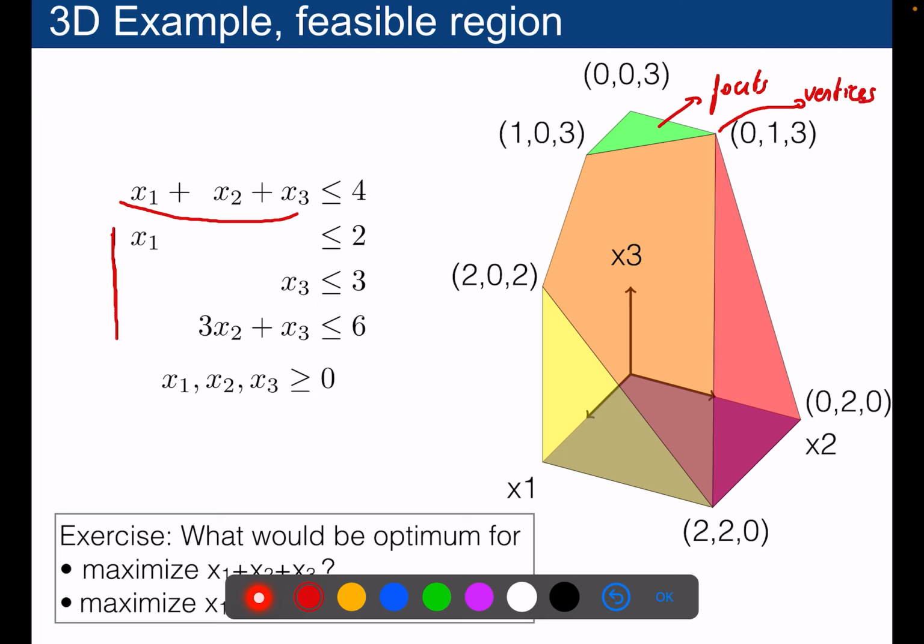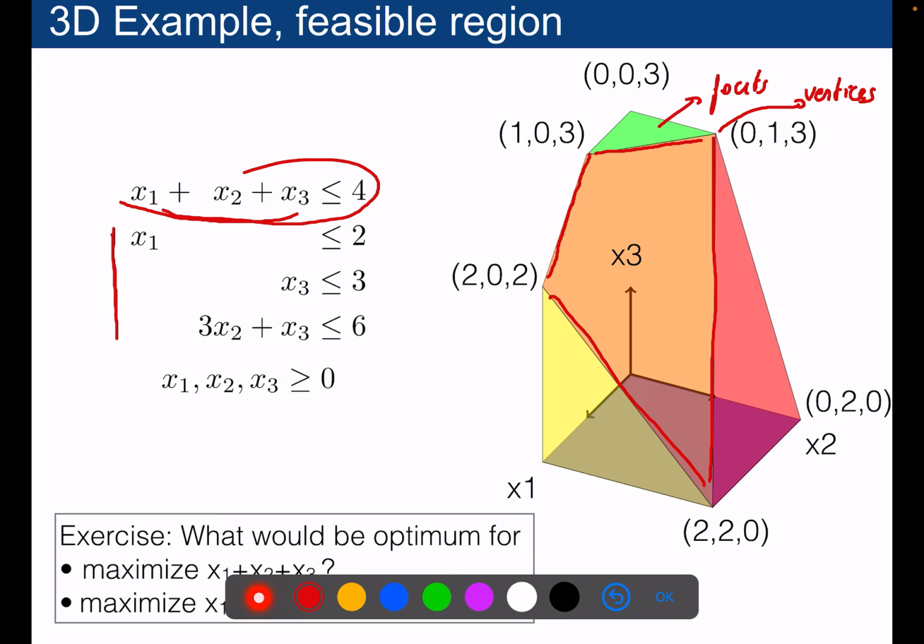So if you take that constraint, this is this one. You need to be below this facet. And we have a bunch of facets like this one. So for the feasible region, you need to be inside this polytope.